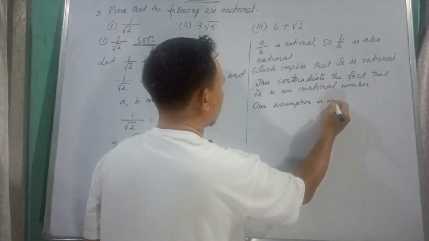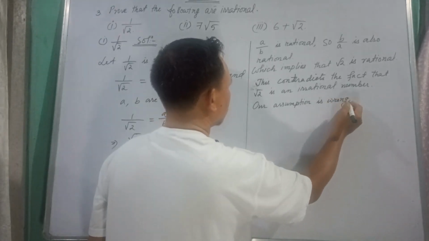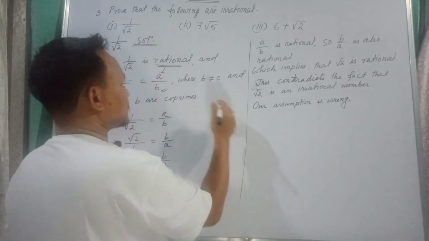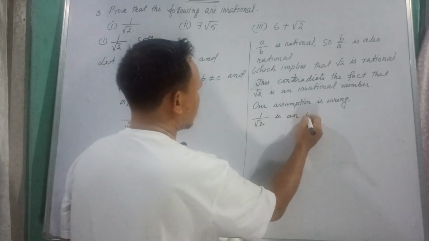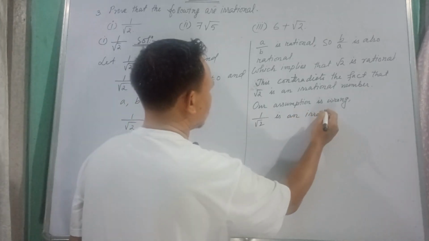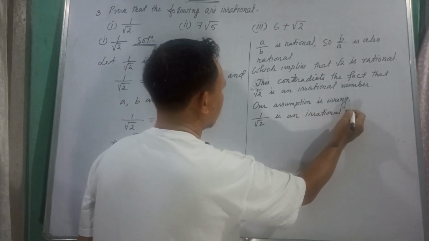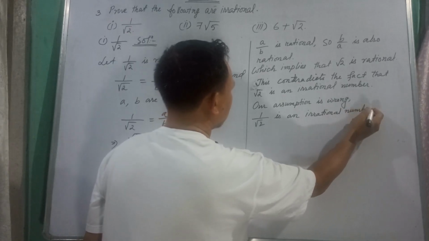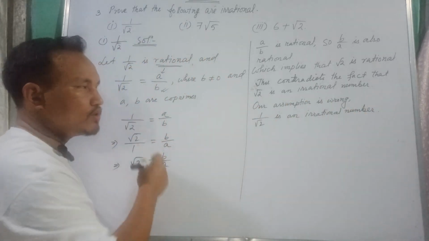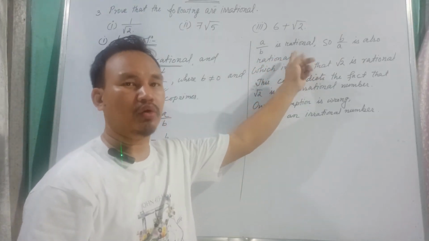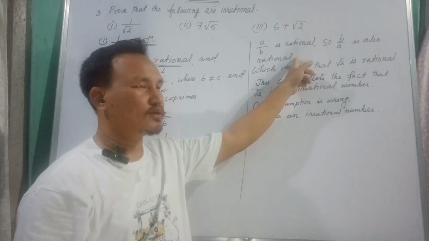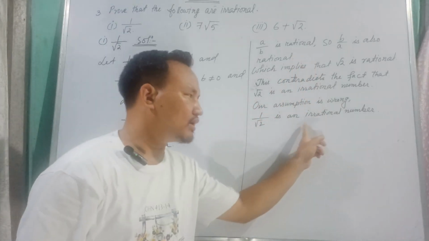Our assumption is wrong. If it is wrong, that means it should not be rational. 1 by root 2 is an irrational number. Okay, so this is our conclusion. We took it as rational, we were proven false, so the opposite is correct. That means if rational is false, irrational is correct.